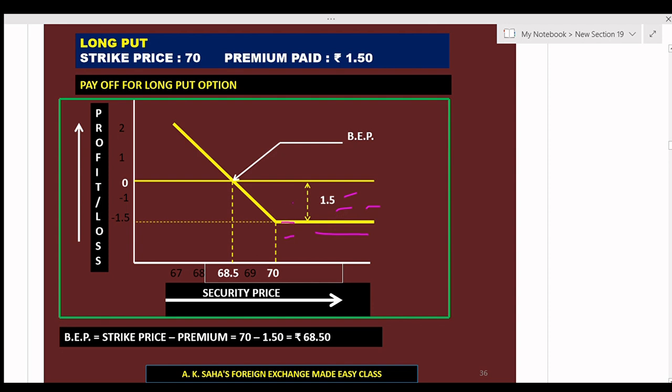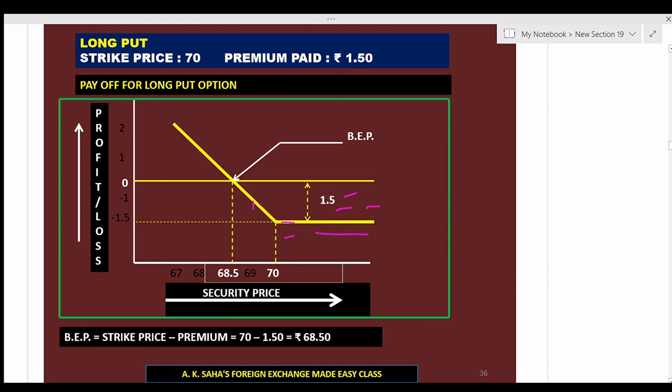But if the spot price decreases below 70, then he will exercise his right, and if it is 69, then rupees 1 will be his gain, and at the same time premium paid is 1.5, so the net loss will be 0.5.